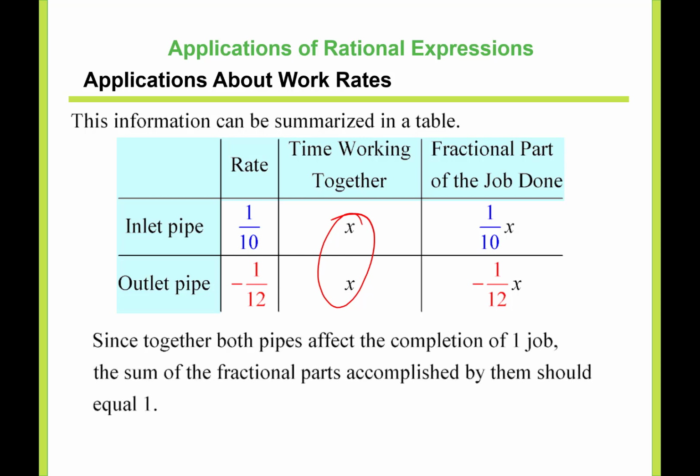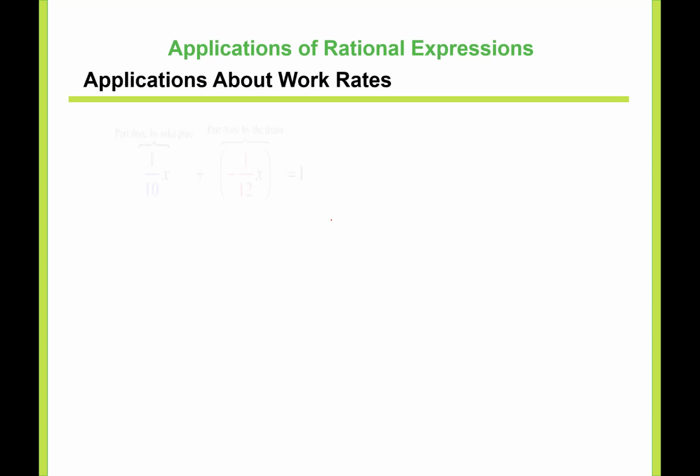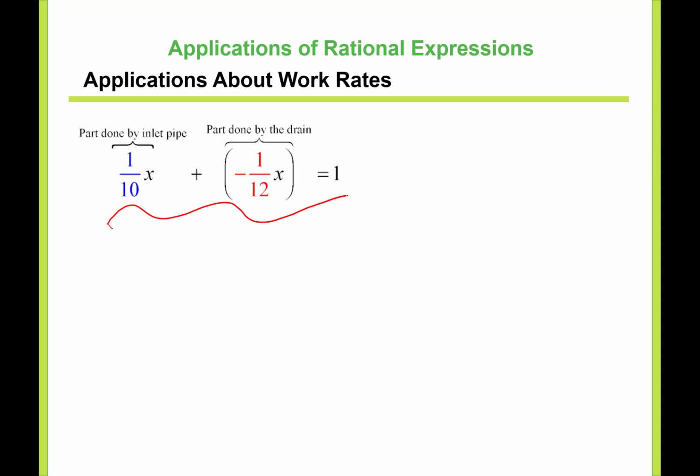So adding both of those is going to give me 1 job done. And this is the common way that this problem is done in all situations, right? So 1 job done here, which is my 1, and then X there is my common time. And then this right here is my rate. So just want to remember that.